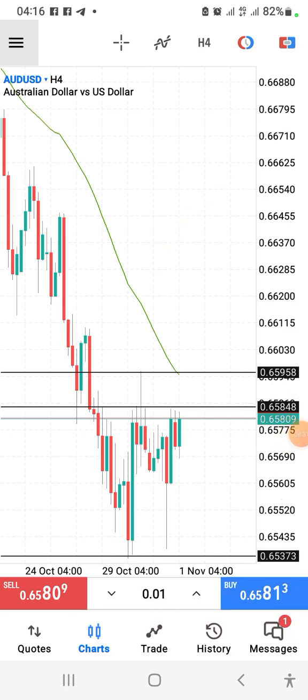Now the next step is using what we call top-down analysis to know where you have to take your trade. You've used the moving average to know whether this is a trending market or a ranging market. So the next thing we have to do is to use top-down analysis. What is top-down analysis?